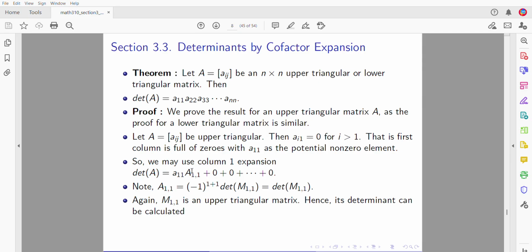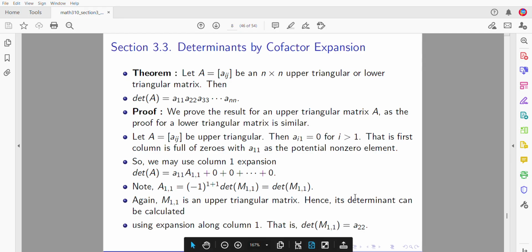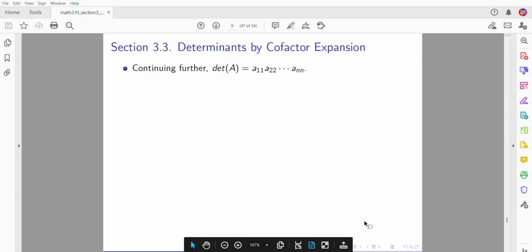Again, you are going to take its top left entry using expansion along column A22. Determinant of M11 is A22 times a smaller matrix. Keep going further.